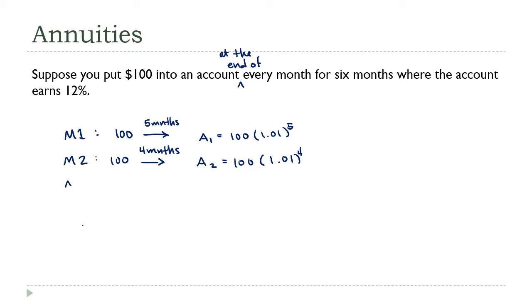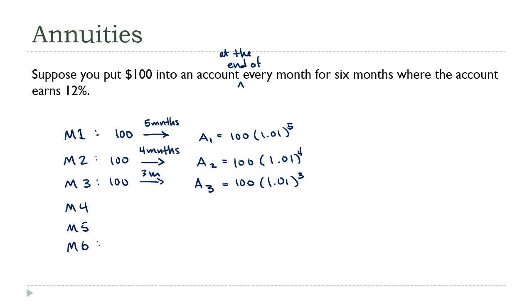We're going to continue this. Month 3, that $100 earned interest for 3 months. So its future value is 100 times 1.01 to the 3rd. And we're going to continue, month 4, month 5. You see the pattern now. The 100 stays the same. The exponent is just changing.